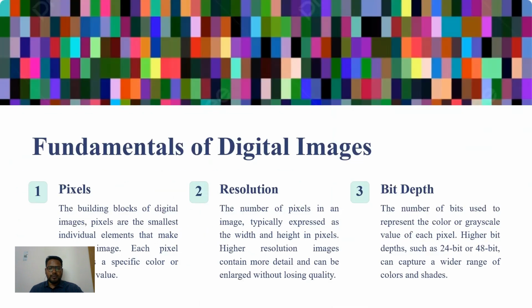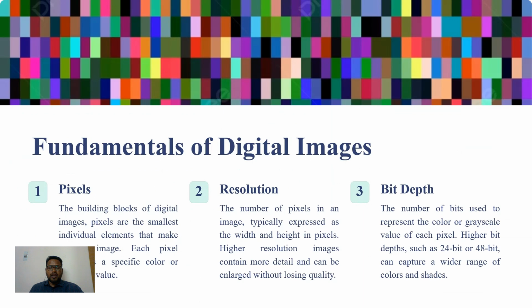Fundamentals of digital images. These slides cover the core components of a digital image. I will define pixels as the smallest individual elements that make up an image, each representing a specific color or grayscale value.